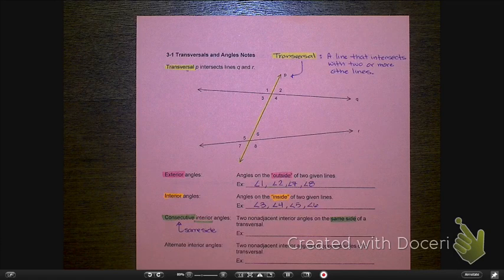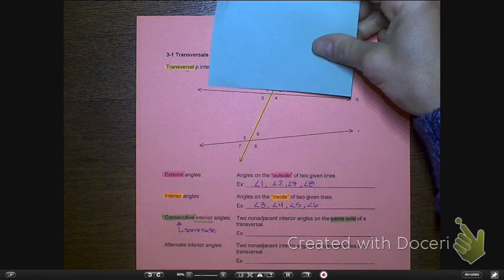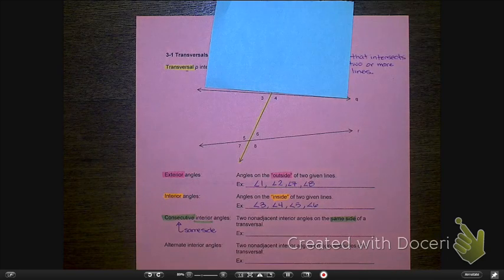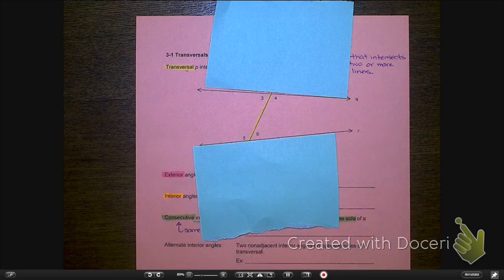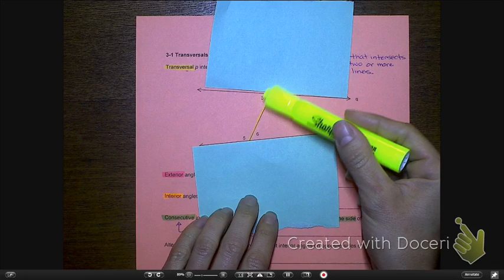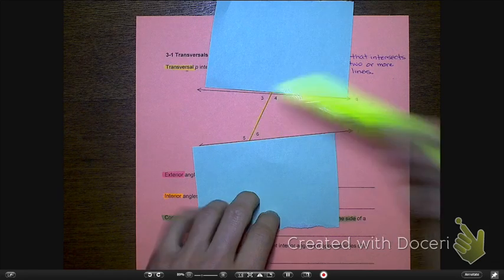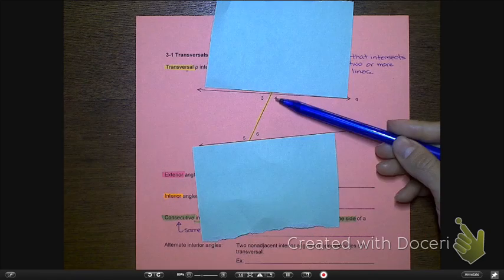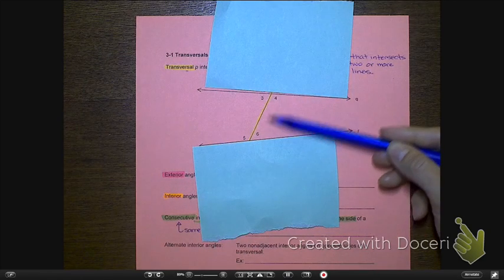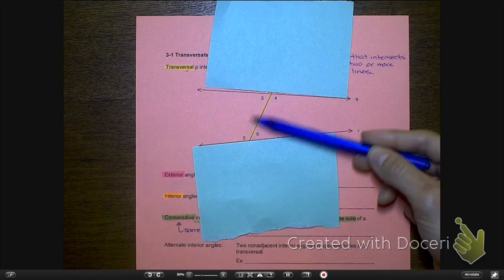Now, if we're looking at angles that are on the same side inside, I'm only going to be looking at interior angles, so only those ones inside. And when I'm saying same side, I mean same side of the transversal. Your transversal is this line right here. So which ones are on the same side of the transversal? 4 and 6. And what else? 3 and 5.